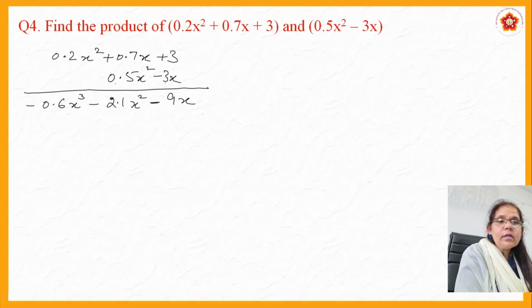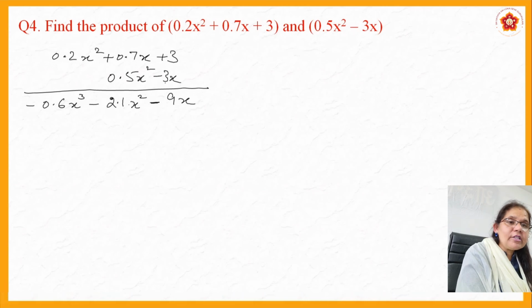Let us now multiply each term by 0.5x square. So 0.5, if multiplied by 0.2, it will give us 1. 0.5 into 0.2 will give us 1, and x square into x square will give us x raised to the power 4. And now you see there is no term of x raised to the power 4 here. So one way is to write it before, or we can write it after also.